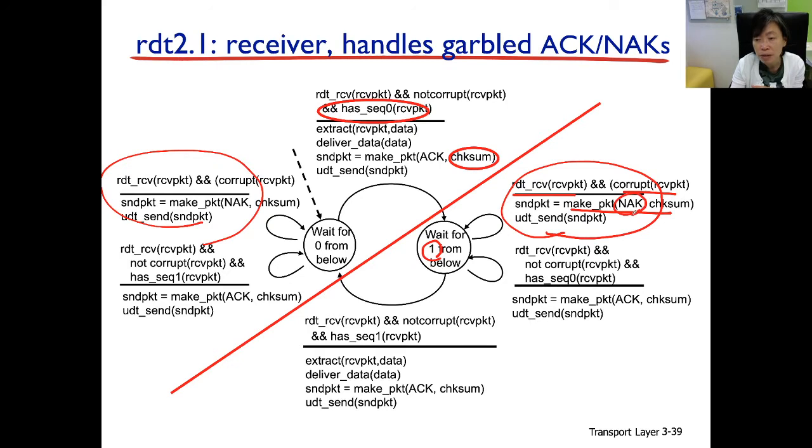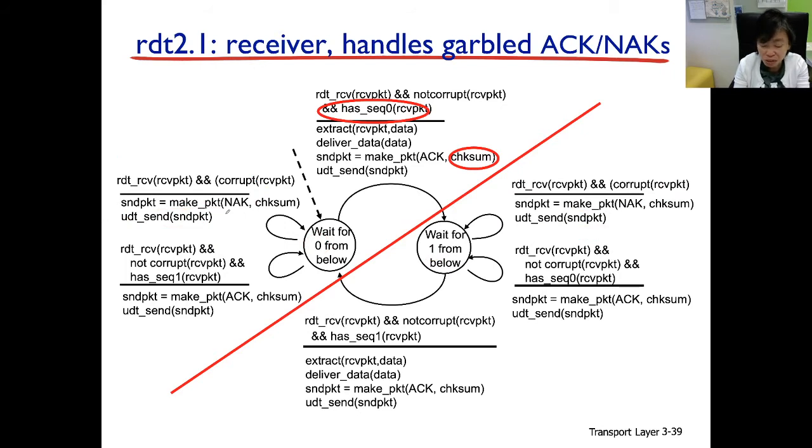Generate a negative acknowledgement, but in RDT 2.1, we do need to include the checksum and send it back to the sender. Similarly here, if we're expecting 0, receiving a packet, it's corrupted. Generate the NAK, send it back to the sender. So these two transitions we know well. They have already appeared in RDT 2.0.